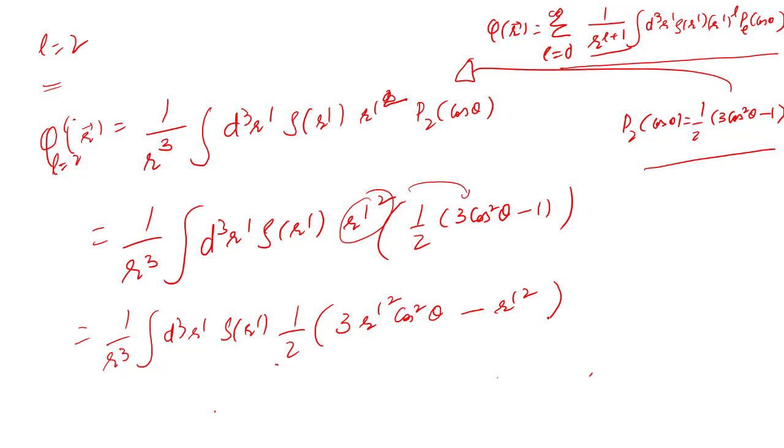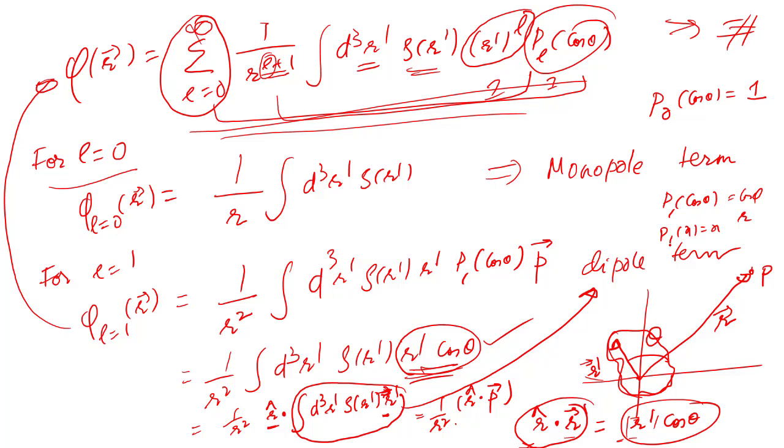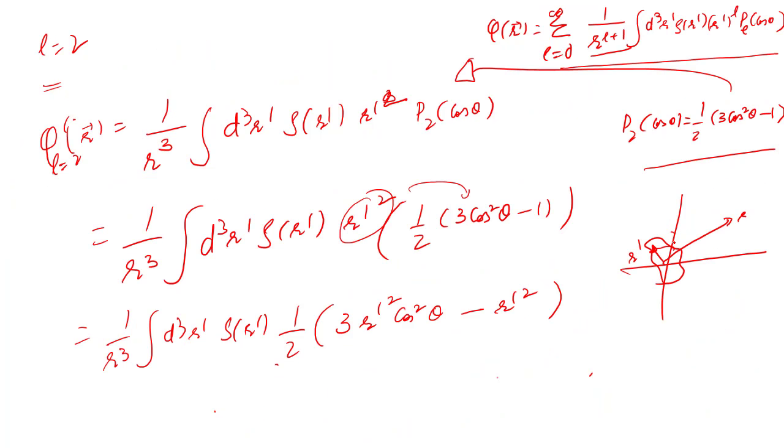Now recall that our charged body is here, so a point is r prime here, and this is r, and the angle between them is theta. So we saw that the unit vector r dot r prime is r prime cosine theta, and here I have r prime cosine theta squared.